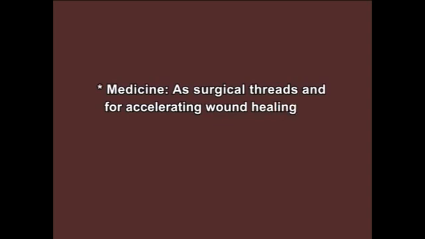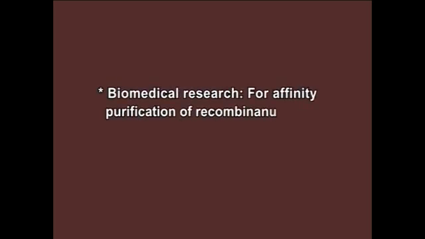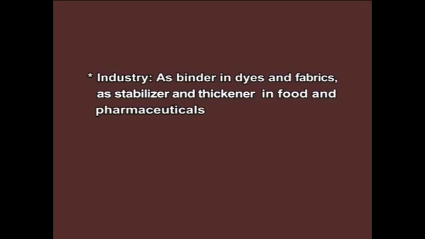In medicine, chitin may be used as surgical threads and for accelerating wound healing. In biomedical research, chitin may be used for affinity purification of recombinant proteins, whereas in industry, chitin finds use as binder in dyes and fabrics, as stabilizer and thickener in food and pharmaceuticals.